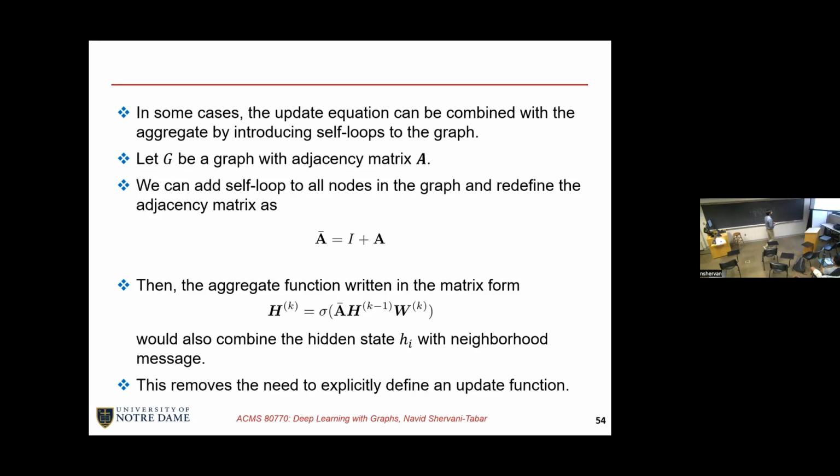We looked at a simple graph neural network that was linearly combining our information. Then we looked at an analogy to motivate the algorithm using the isomorphism test that we discussed before. And lastly, we looked at how we can aggregate our formulation by introducing self-loops to our adjacency matrix. That's it for today. I will see you guys next week.